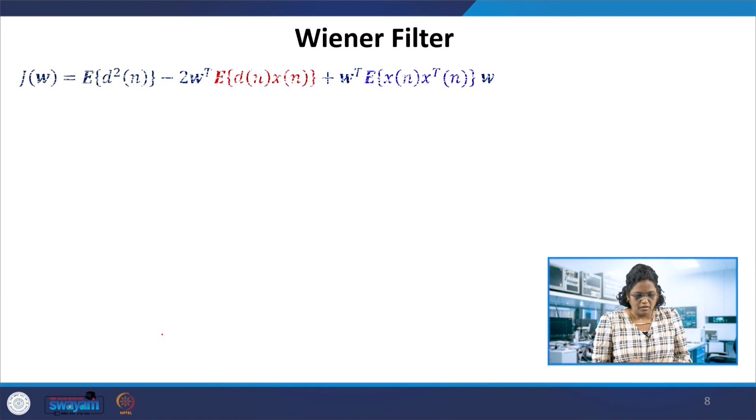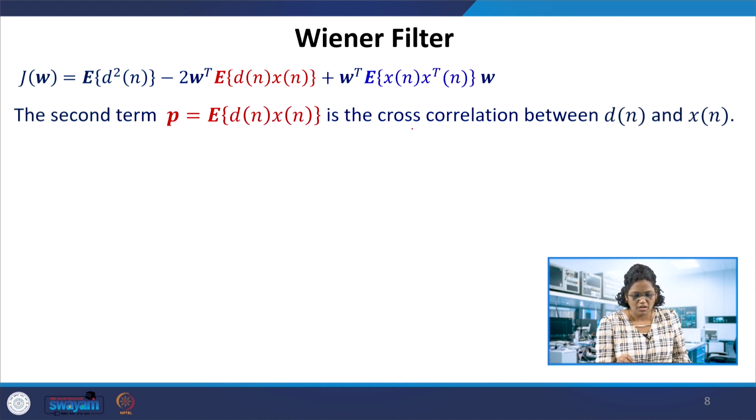Okay. And we will also define the expectation of d of n x of n, and the expectation of x of n times x of n transpose. In the cost function, let us define the second term as p, the cross correlation between the input and the desired signal.